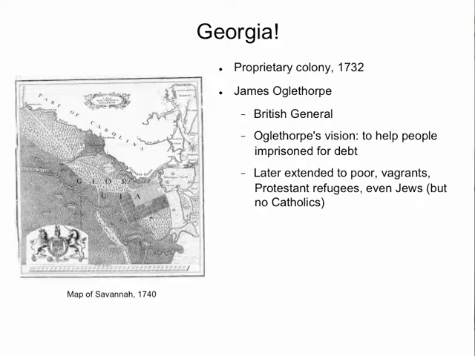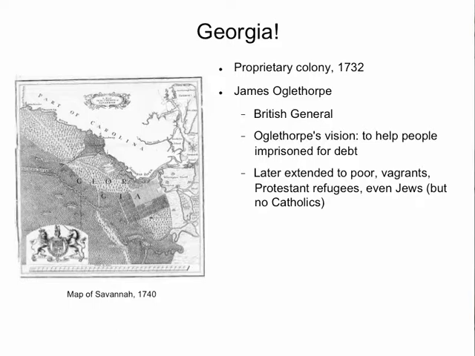But Oglethorpe extended the vision to include other elements in British society: poor people, homeless people, that is, vagrants, of which there were many on the streets of London, were encouraged to come to Georgia, where they could get land and set themselves up and prosper.